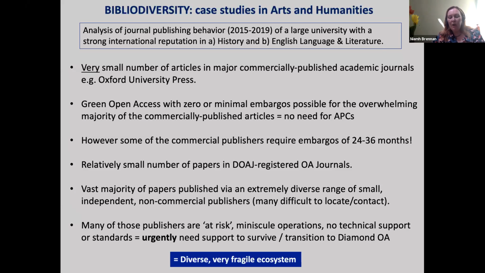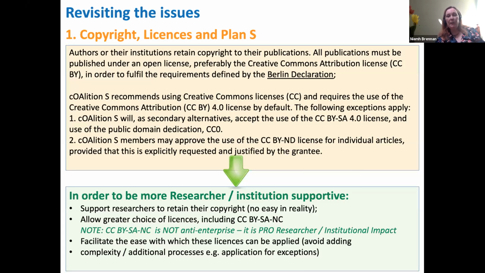Many of these publishers are what I would consider to be at risk. They're minuscule operations. They have no technical support or standards. They don't know what they need to do. They've probably never heard of Plan S, and they urgently need support to survive and to transition themselves to Diamond Open Access. We're not necessarily talking about paying them, but we're talking about support, but it's into a very diverse and very fragile ecosystem. So I wanted to mention that.